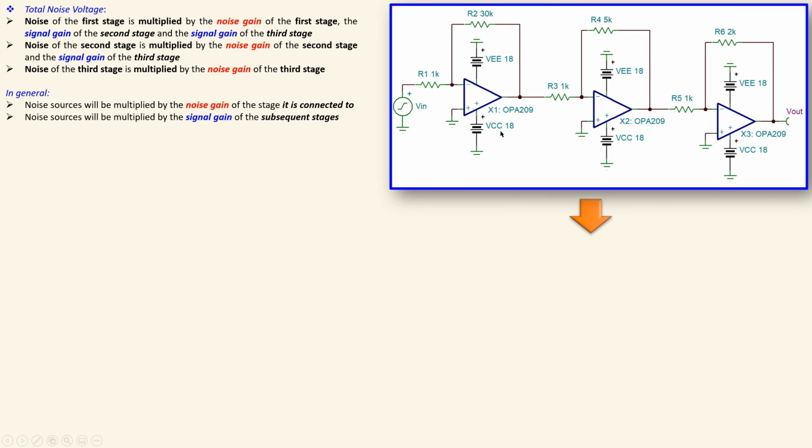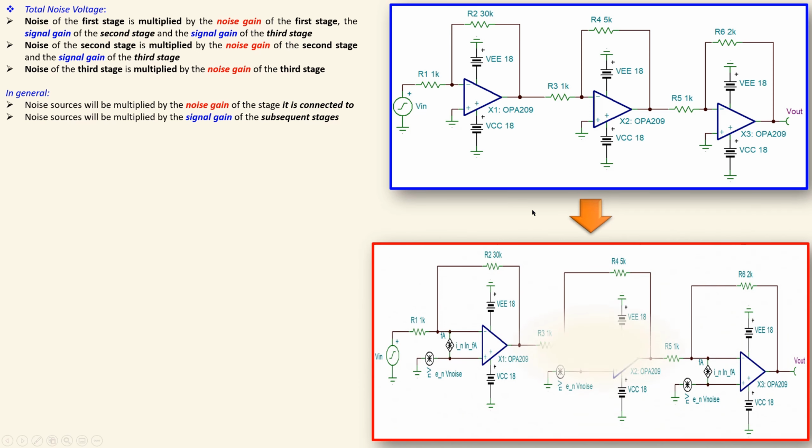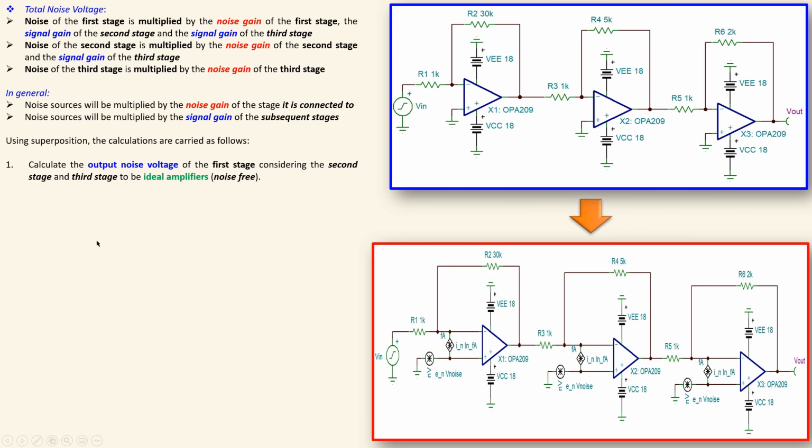So if you convert this to the model of this op amp using the noise sources for each op amp that can be shown here, then we will use superposition and the calculation will be carried out using the following steps. Now we will need to calculate the output noise voltage of the first stage, considering the second and the third stage to be ideal amplifiers, so noise free.